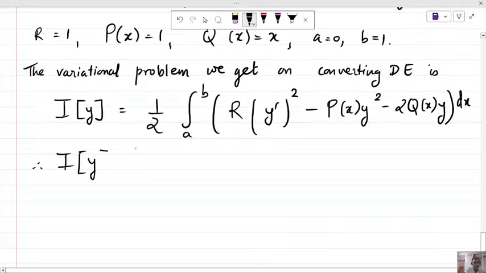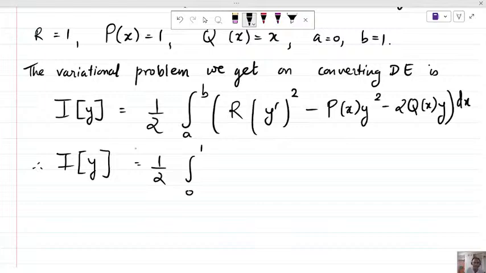I(y) = 1 by 2 integral 0 to 1 of y dash square minus p of x, which is 1, so y square, minus q of x, which is 2x, and here it is y, dx.